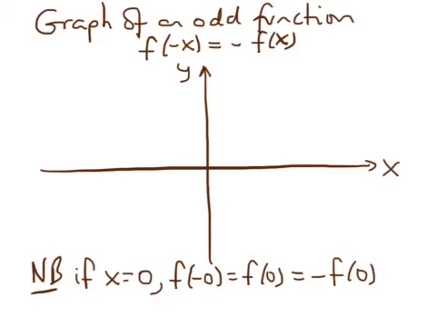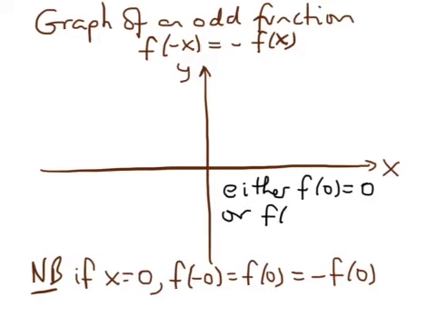So the moral here is either our function passes through the origin, or f of 0, our function at x equals 0, does not exist. So on the next slide, I want to just draw such axes again and give a couple of examples of each and talk about what the symmetry property looks like in terms of making mirror images.